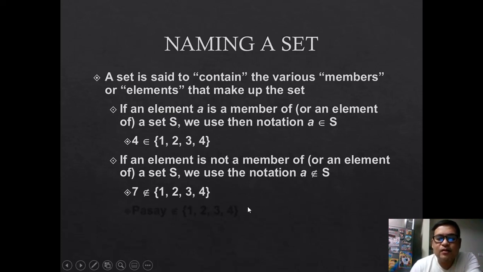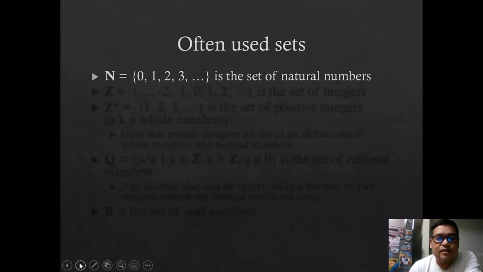Say for example, 7 is not an element of set S, 1, 2, 3, 4. So it's easy to understand the symbol for element or not an element. So take note of that.